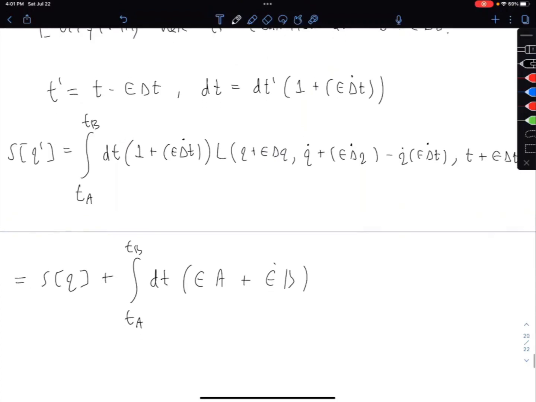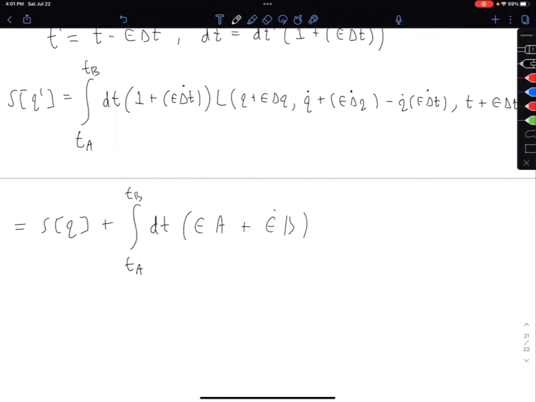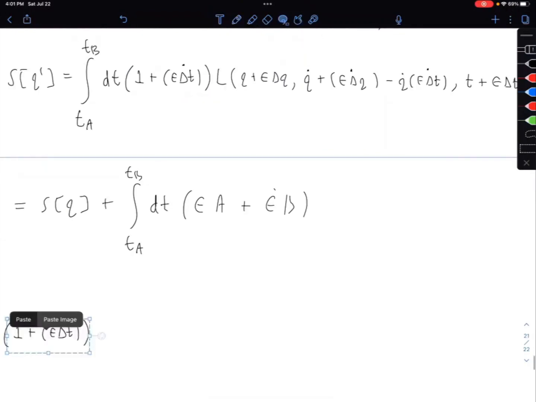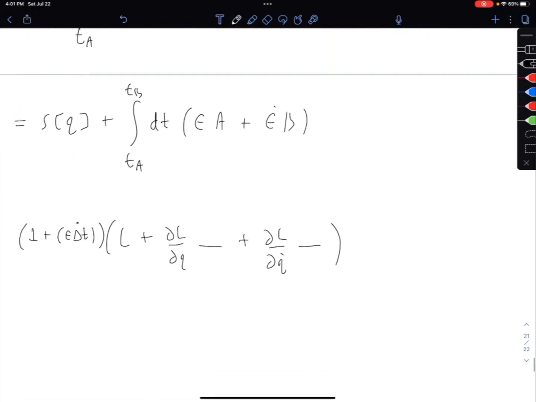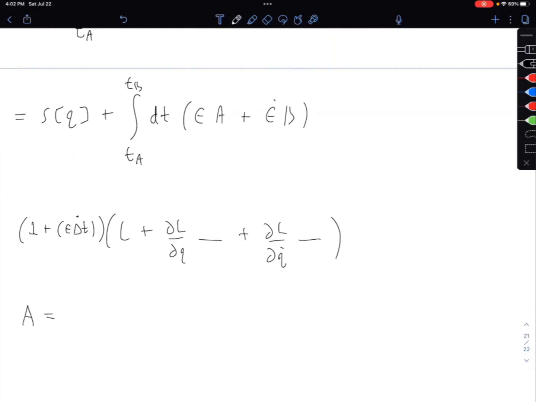So when I look at this, I'm going to have this times L plus dL/dq times something plus dL/dq dot times something, and I just need to expand this out. So A, what is A going to be equal to? A is going to be the terms proportional to epsilon.